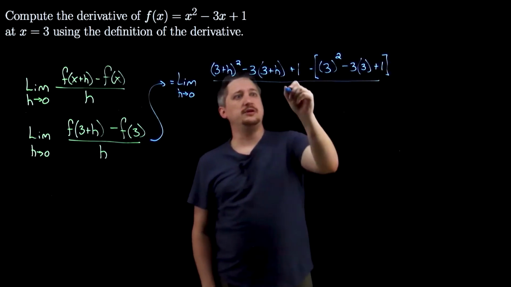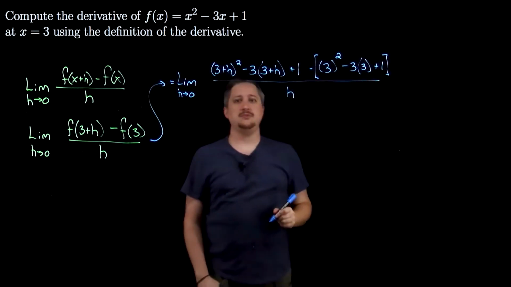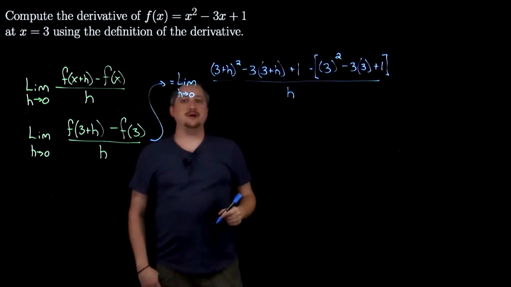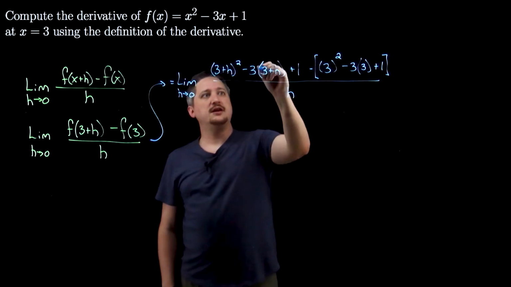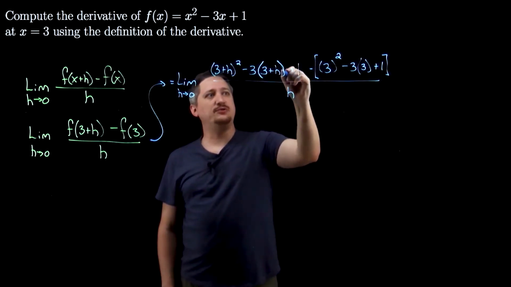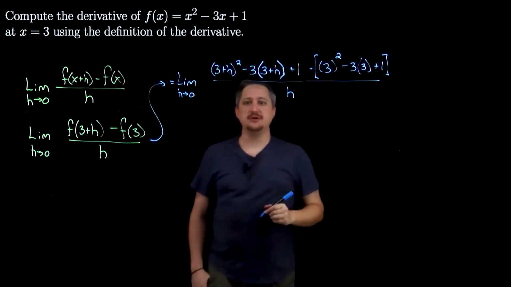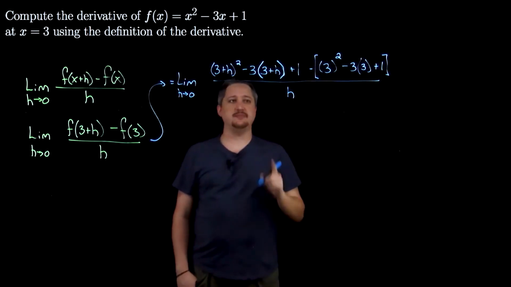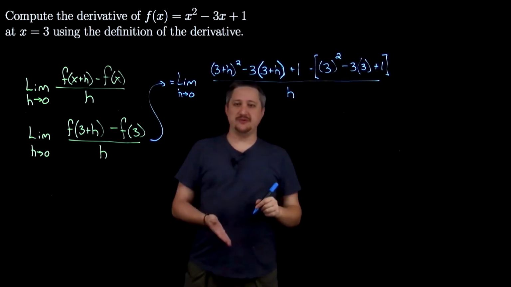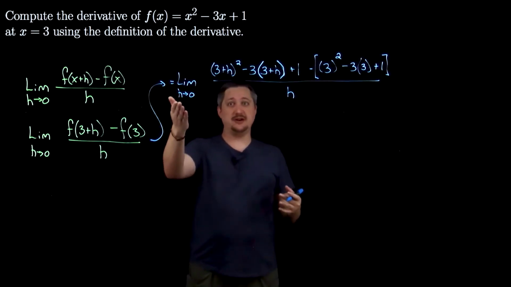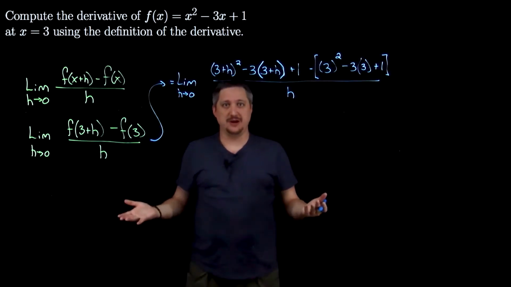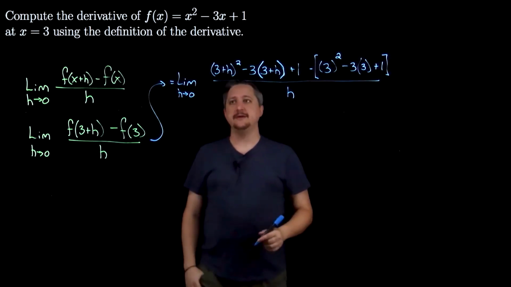Okay, so my goal here is to get the h out of the bottom. That's usually the tricky part, making sure that the h in the bottom is something we can simplify out so that eventually we can actually take this limit, because the h going to 0 in the bottom is what's blocking us.